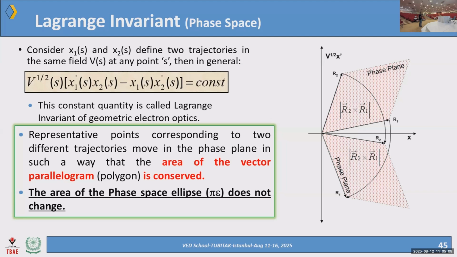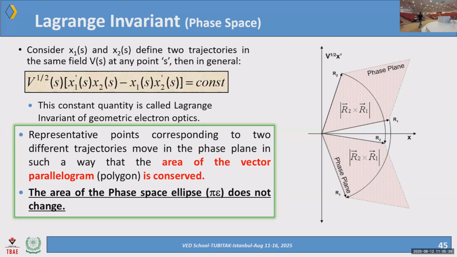You can change the phase space ellipse. For the sake of simplicity, it is drawn in the form of a parallelogram under a linear transformation. You can change this shape, but you cannot change the area. The net area of the ellipse or any geometrical shape must remain constant.